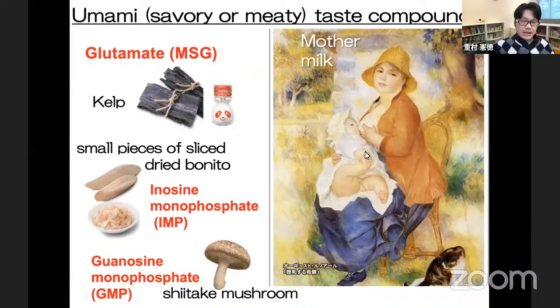It's also known that glutamate is abundant in mother's milk, so breast milk is so umami for babies. Inosine monophosphate, IMP, and guanosine monophosphate, GMP, are known as other umami taste substances. And they are abundant in dried bonito or shiitake mushroom.